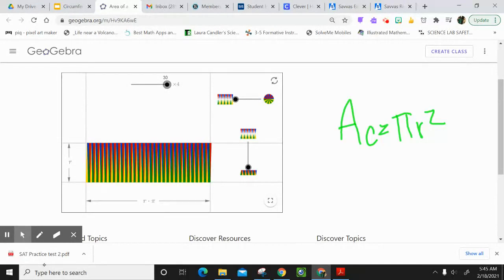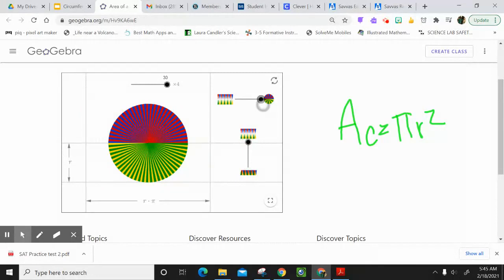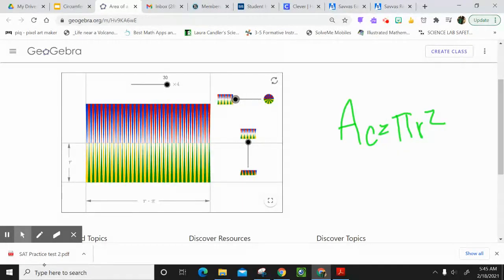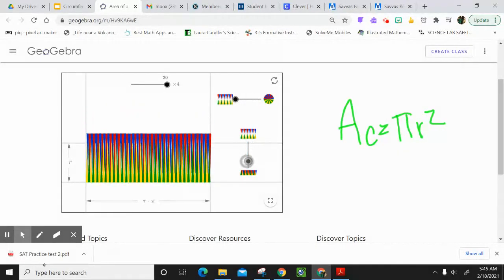When I put this back into a circle, it's still the same circle. It just is divided into smaller and smaller pieces, so we get a straighter and straighter line. So we have our derived formula.